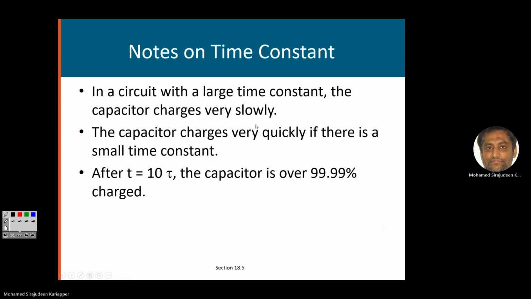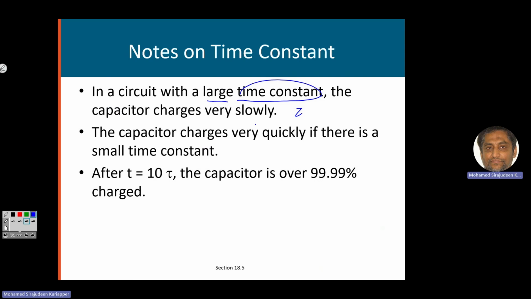If the time constant is large, if tau is a big number, then obviously it will take a long time to charge. Because tau is the time it takes for the charge in the capacitor to reach 63.2% of the maximum charge.